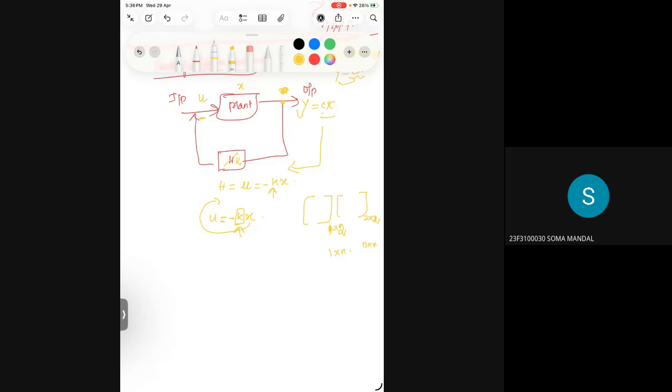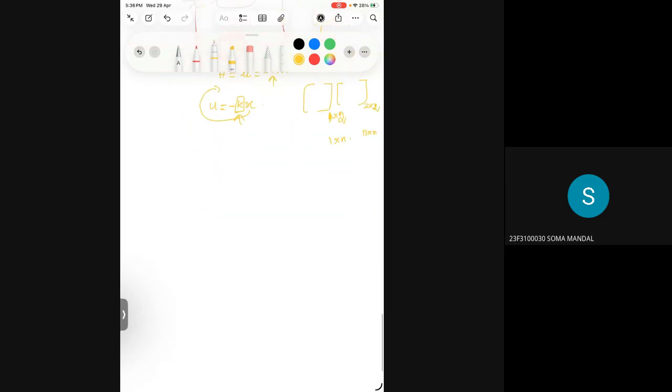Now, our idea is to find the K matrix. How can we find the K matrix? That's what we are trying to see. In general, your state space model will look like x dot equal to Ax plus Bu, y equal to Cx. When I put u equal to minus Kx and substitute here, it becomes x dot equal to Ax plus B into minus Kx, and y equal to Cx, which won't change.